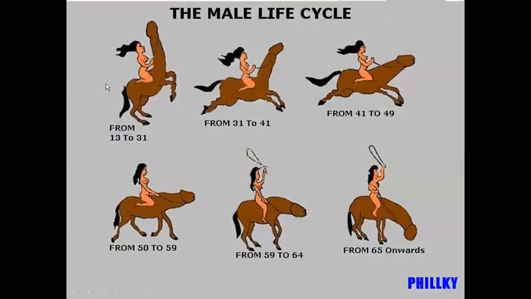I've got this picture of the man's life cycle. You look at it and you understand it very clearly. These are the ages from 30 to 31. You see this horse can jump. That is the type of a boy, when you wake up in the morning, your urine, you can throw it up there, 4 meters away from you.